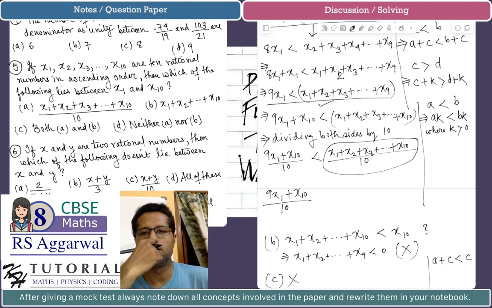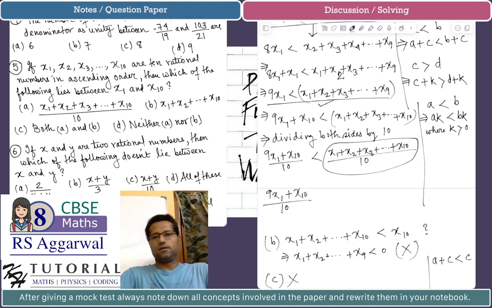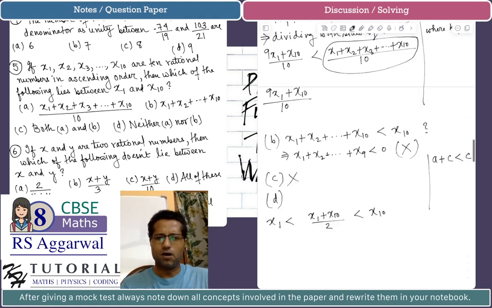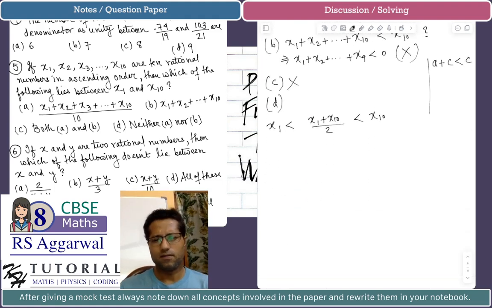X1 is less than, yeah, x10. X1 is less than x10. Okay, so we have 9x1. So far we got 9x1, x1 plus x2 plus x3 up to x9.